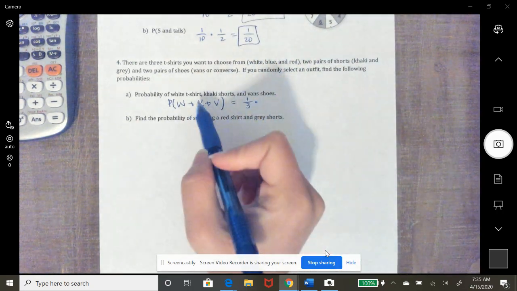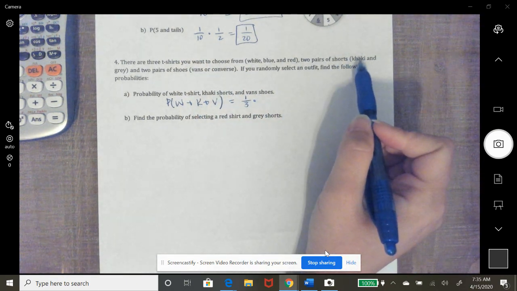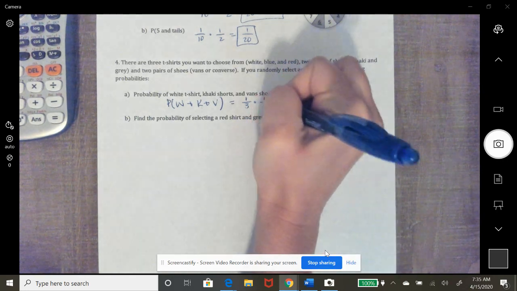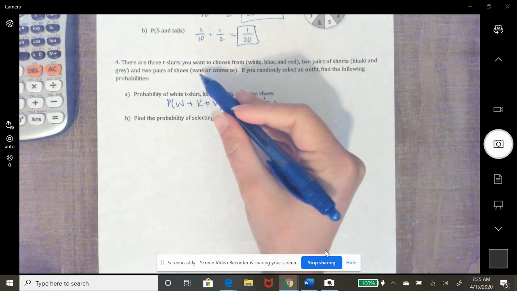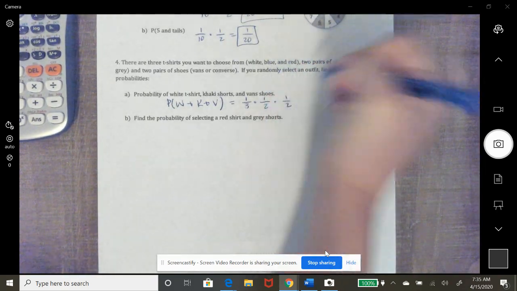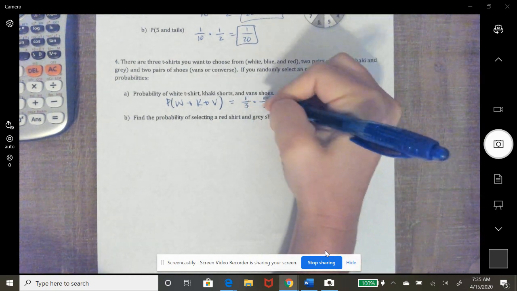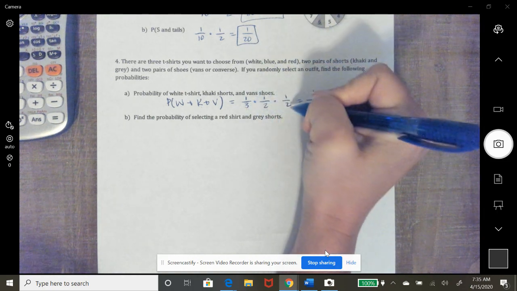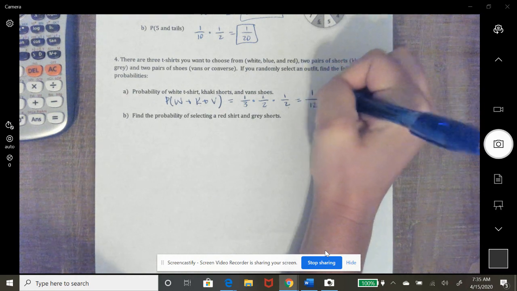We're multiplying. Probability of getting khaki shorts: looking at our shorts, we have 1 pair that are khaki out of our 2 choices. So 1 out of 2. And then the probability of getting Vans: we have 1 Vans out of our 2 choices. So 1 out of 2 again. We're multiplying these 3 together. 1 times 1 times 1 is 1. 3 times 2 times 2 is 6 times 2, or 12.